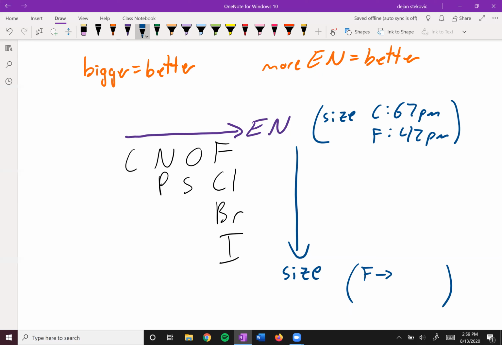So for example, fluorine is 42 picometers, while iodide is 115 picometers, right? So iodine is more than twice the size of fluorine. And so the size effect is bigger when you're talking about going up or down a column, and not so big when you're going left and right. And so since it's not so big when you're going left and right, it's electronegativity that dominates.